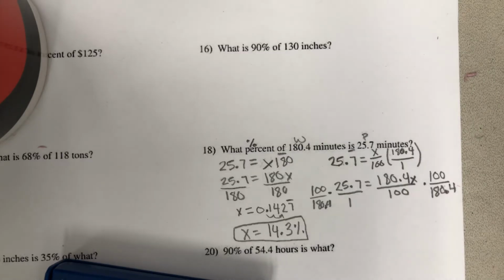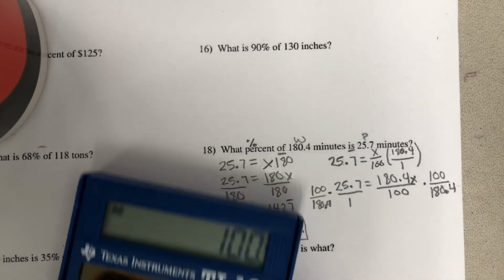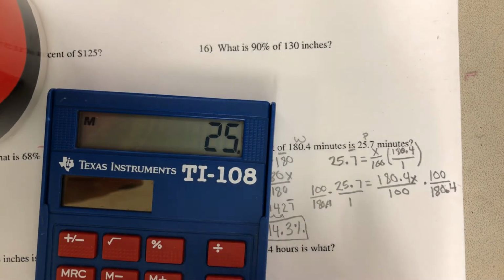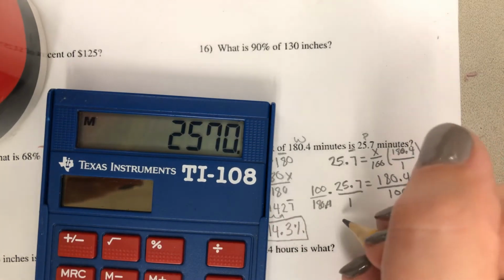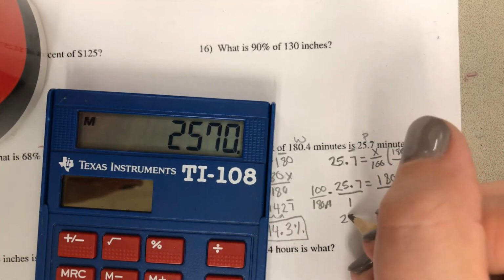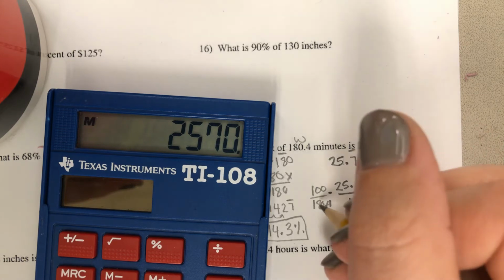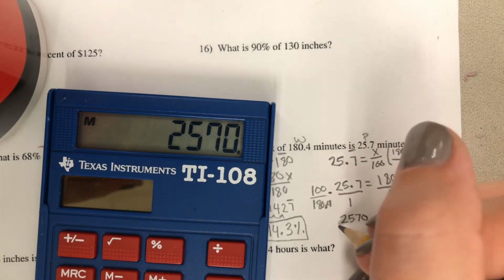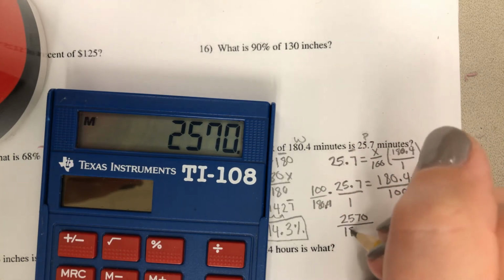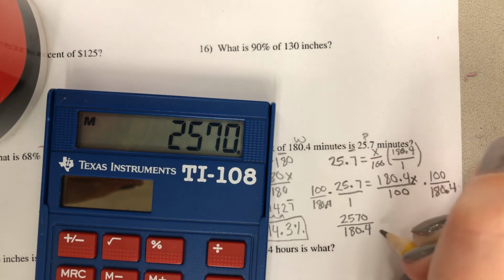So 100 times 25.7 equals 2,570, and then 180.4 times 1 gives me 180.4.